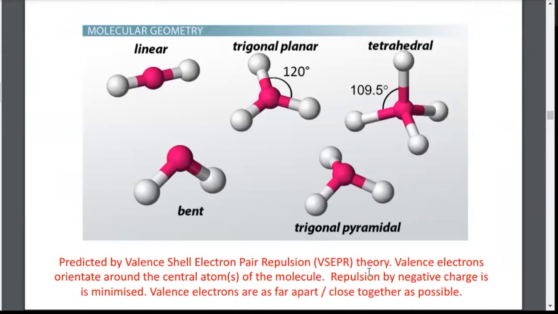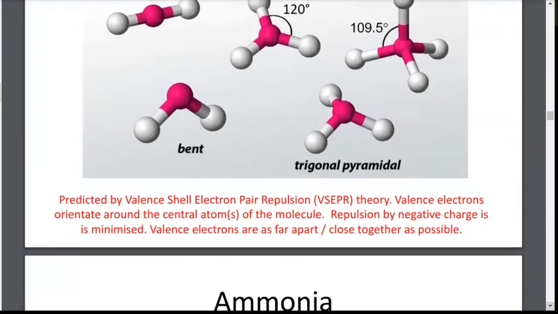Or you can turn it around and say that they're as close together as possible. It depends how you want to explain it or how you are being asked to explain it. So what you have is repulsion by negative charge, which is minimized, and the valence or bonding electrons are as far apart from each other as they can be.